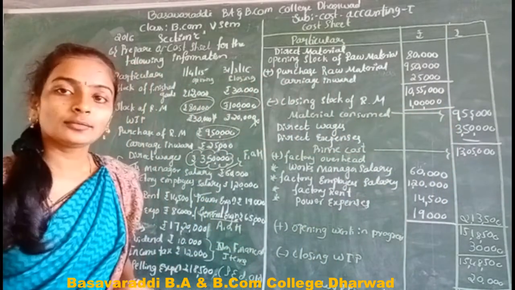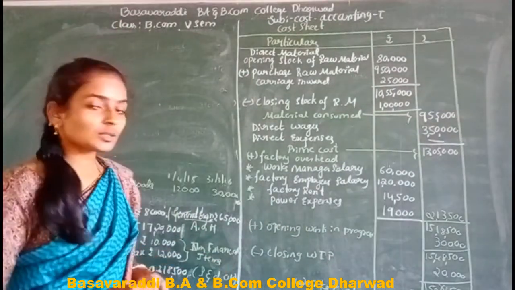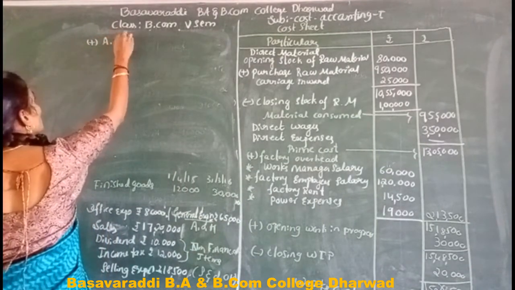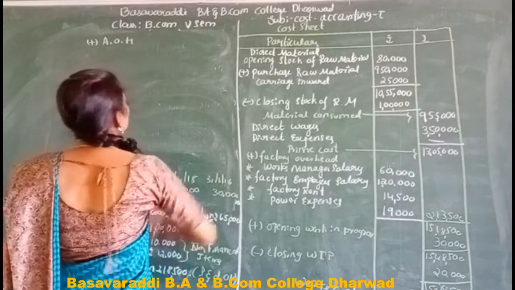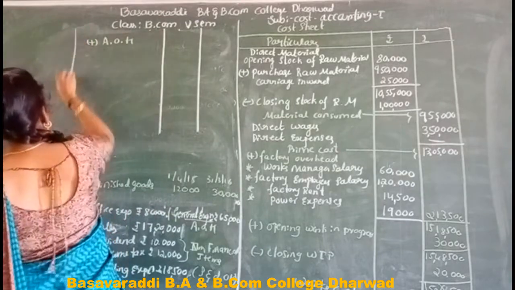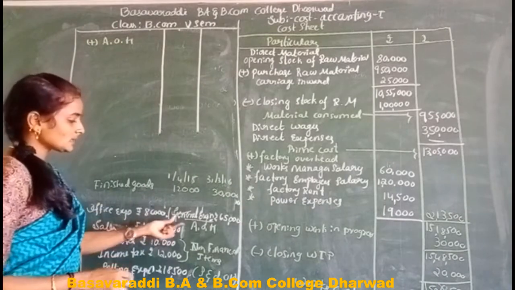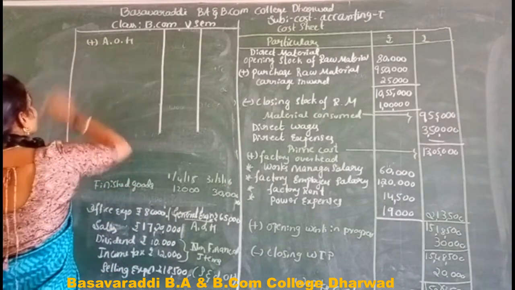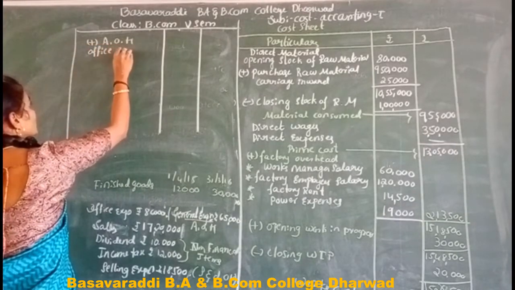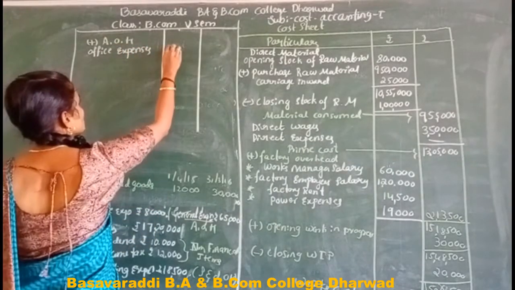In this works cost, we have to add AOH, administrative overhead. In that, office expenses and general expenses. How much office expenses? 86,000.